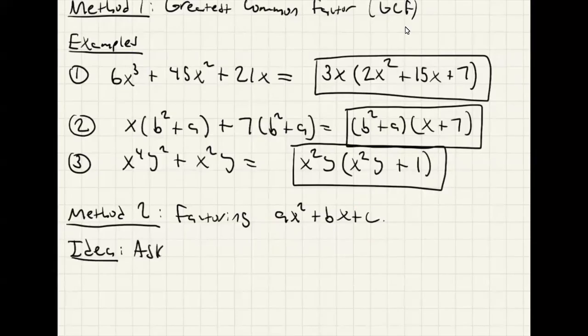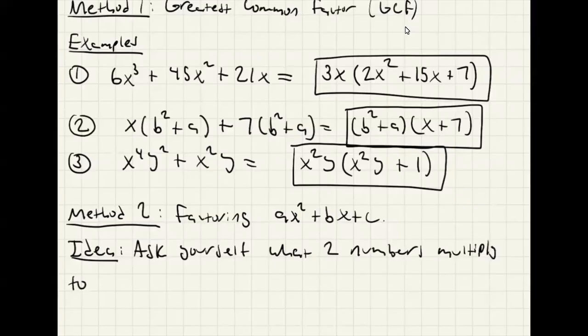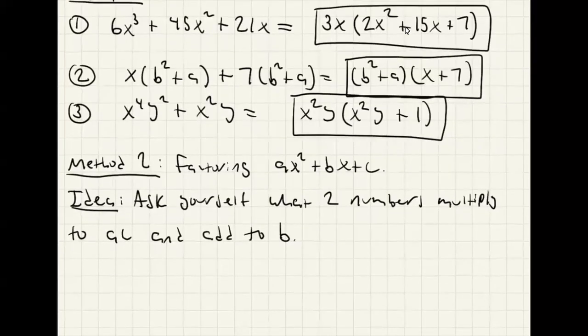First, ask yourself what two numbers multiply to a times c and add to b. That's the first step. You ask yourself what two numbers multiply to a times c but add to b.